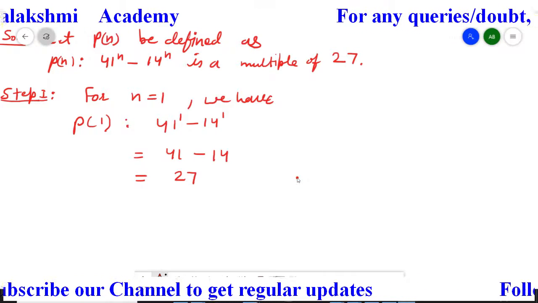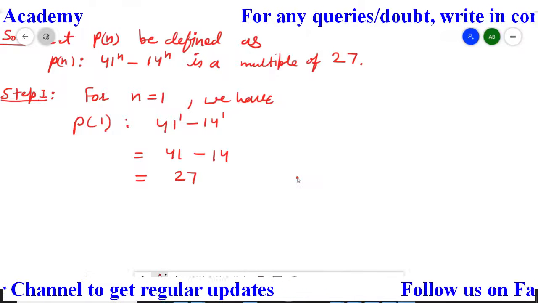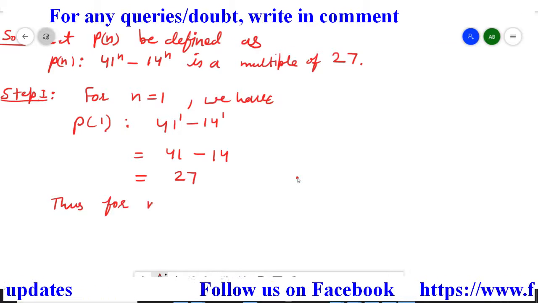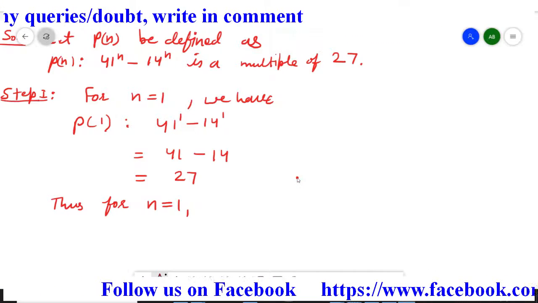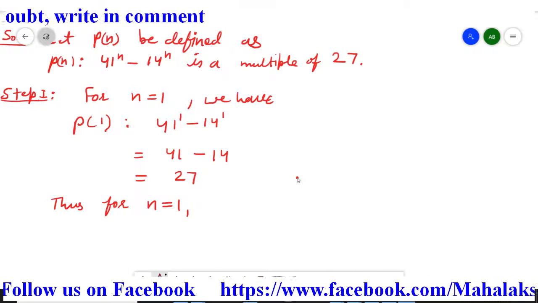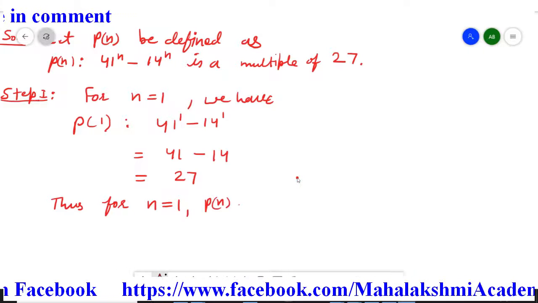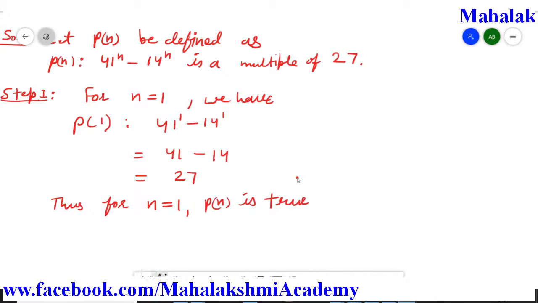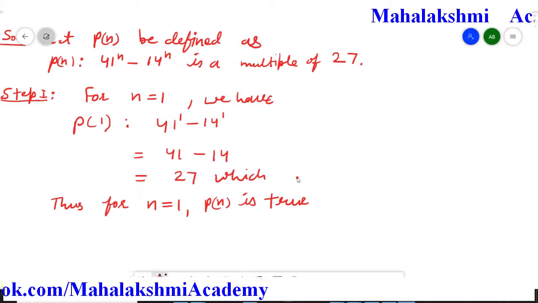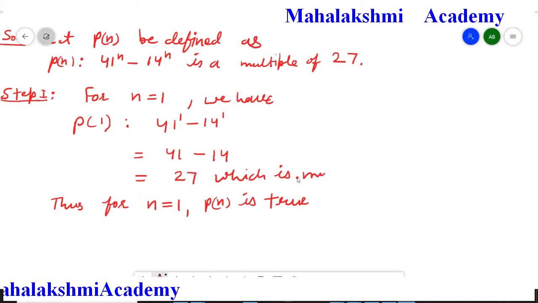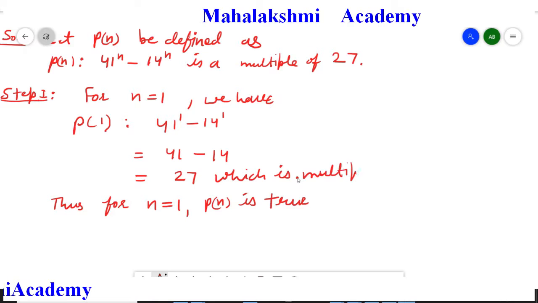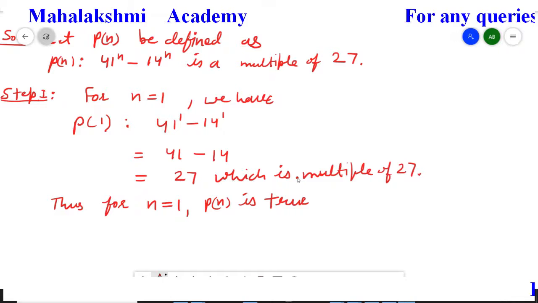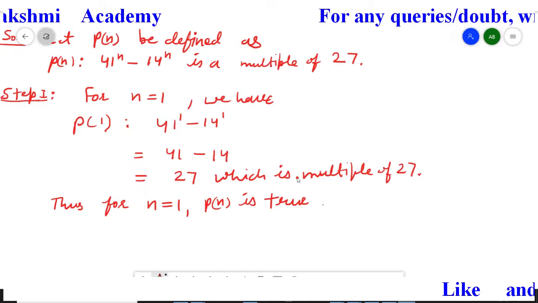So we will write down: thus, for n equal to 1, Pn is true, which is a multiple of 27. So for n equal to 1, Pn statement is true.